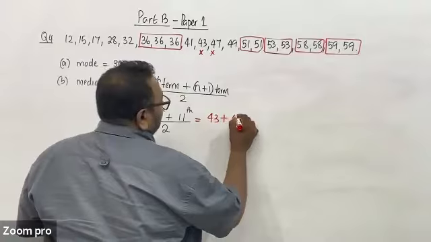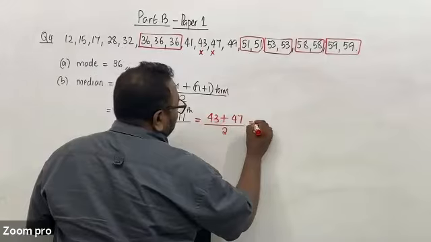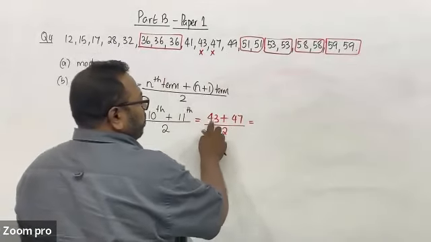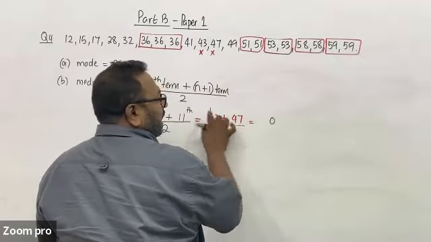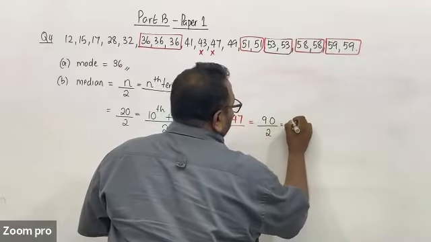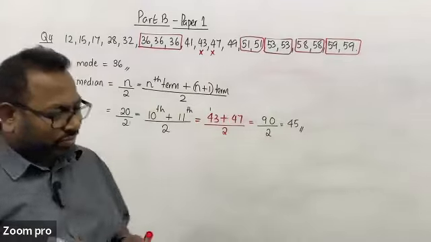So 43 plus 47 divided by 2. 3 plus 7 is 10. 4 plus 4 is 8 plus 1, 9, divided by 2 is 45.